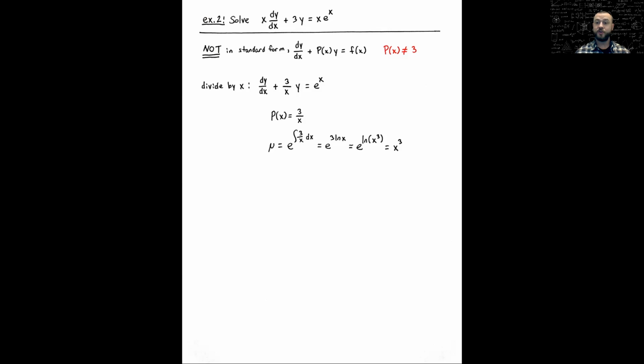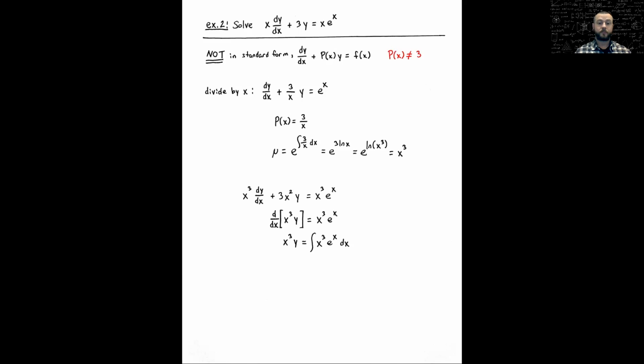All right, so what we can do is go back to standard form. This was after we divided by x. And we're going to multiply the version in standard form, everything left and right side, by x cubed. All right, just be careful. There's a factor of x that cancels out. 3x cubed divided by x simplifies to 3x squared on the left side there.